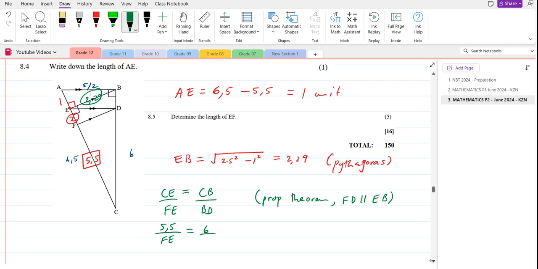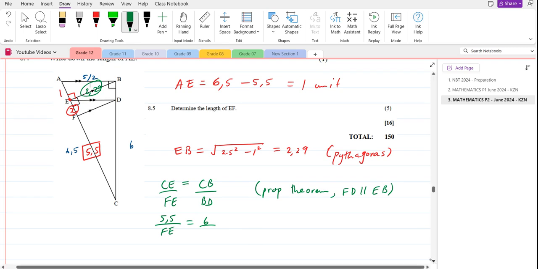BD is down here. So we can say this implies FE times 6 equals 5.5 BD. So now we need to find BD.